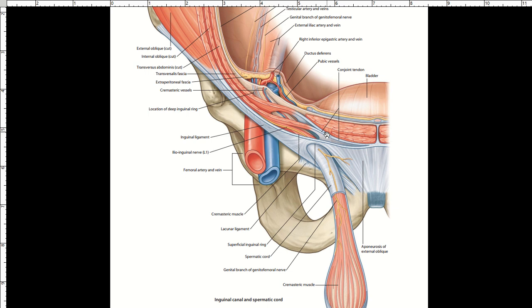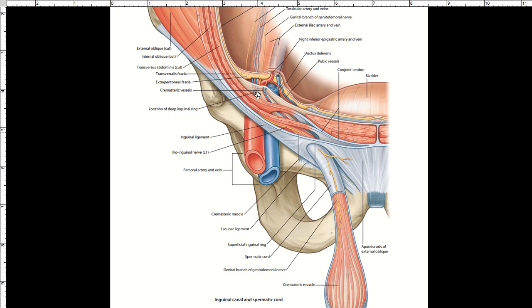So we have two openings in the inguinal canal. We have a deep opening and we have a superficial opening. Take note of this. The deep opening is a weak potential space for herniation, because you can actually have your small intestines herniating through the deep ring during severe coughing.